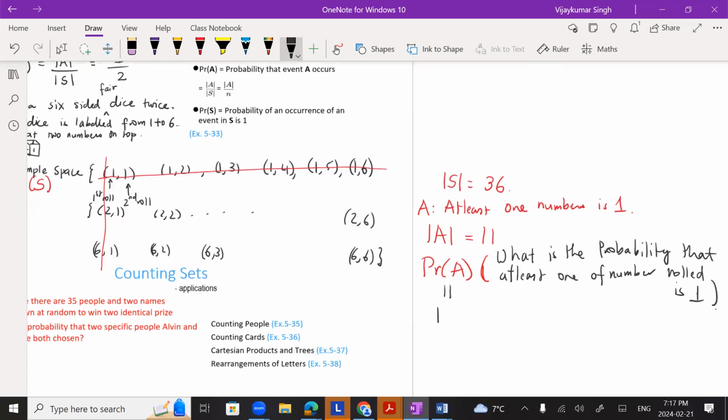That probability is simply going to be the size of event A divided by the size of the sample space, so 11 over 36. So this is the probability of event A happening. Does that make sense here?